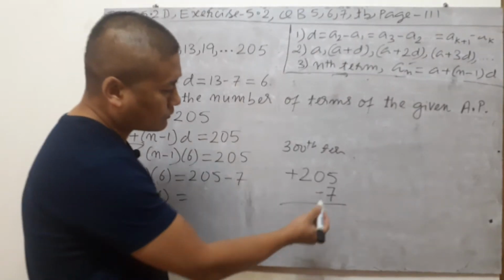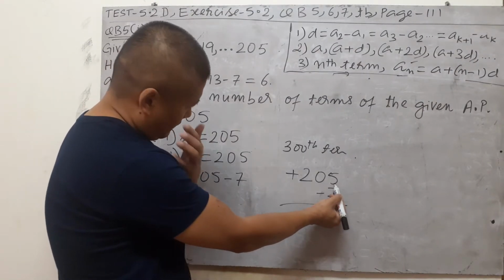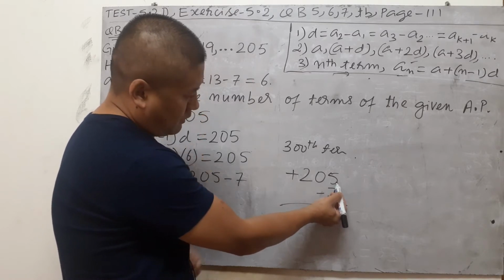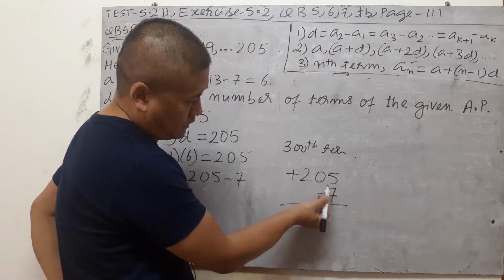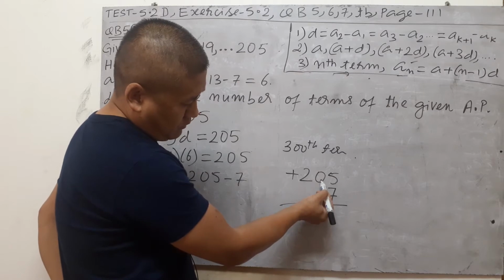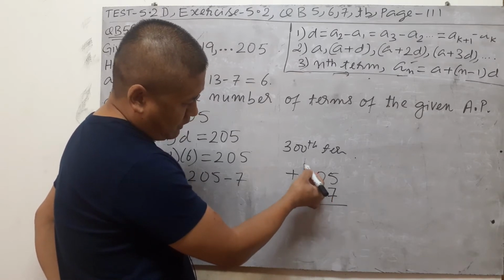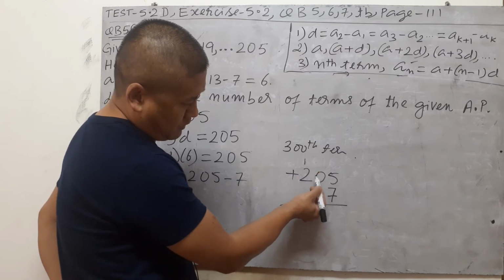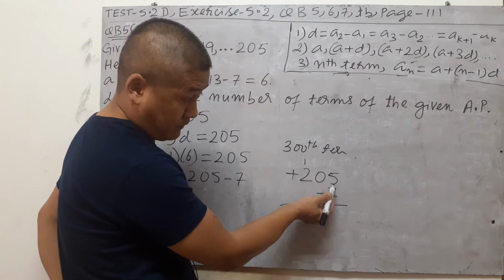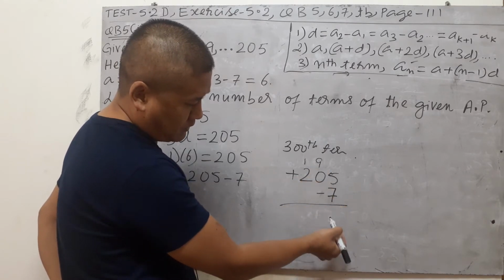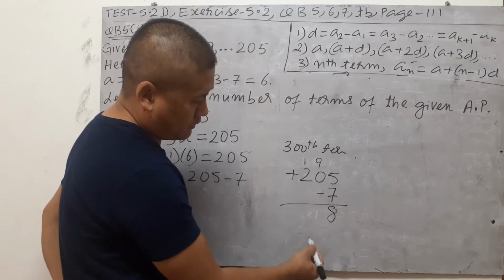So 5 is less than 7, so borrow 1 and it becomes 15. This 0 has nothing to give, so it will take 1 from here, so only 1 is left here, and it becomes 10. And from 10 you took 1 to make 15, so only 9 is left here. So 15 minus 7 is 8.